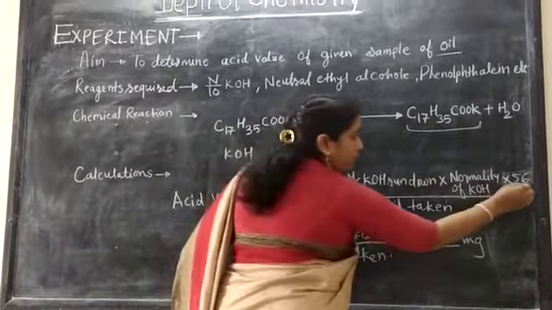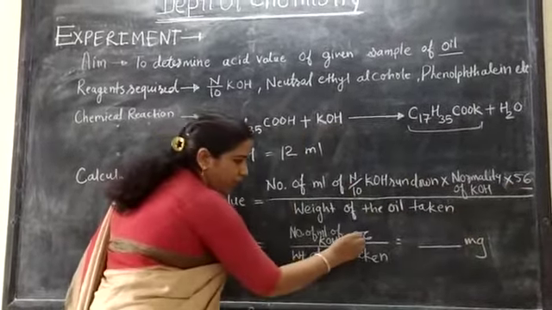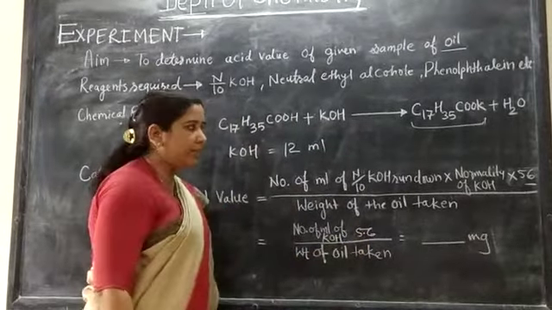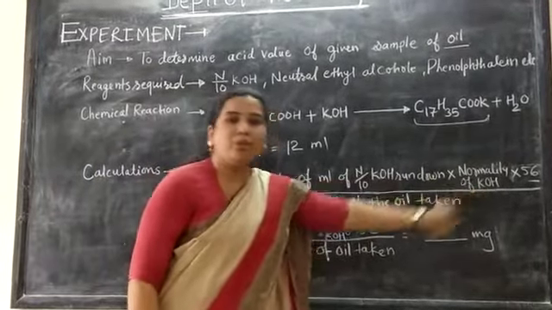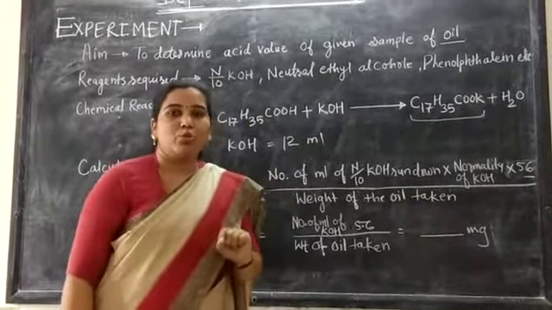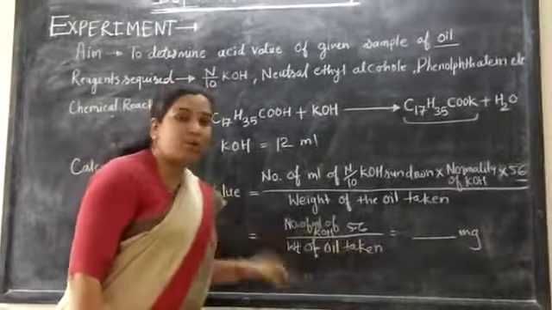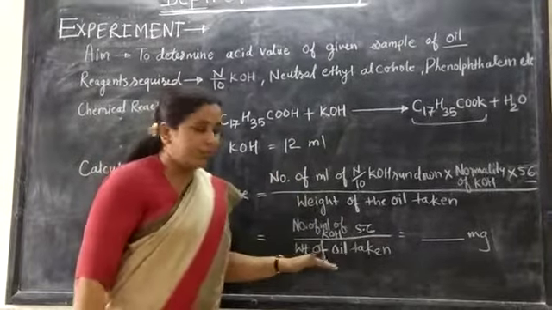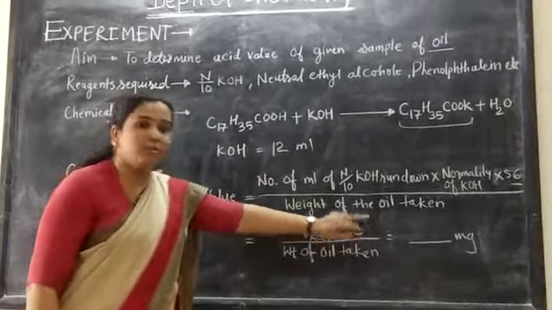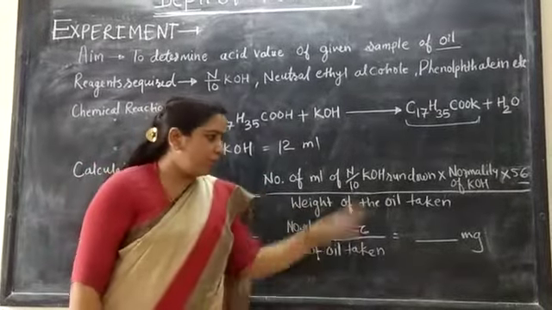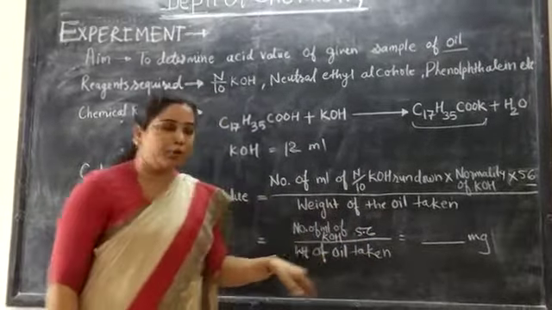Now this 56, I wrote here as 5.6. It is because I took the normality of KOH as 0.1. So you may have seen in your manual this formula given directly, but it is derived from this one. So 5.6 is because of molecular weight of KOH into 0.1.